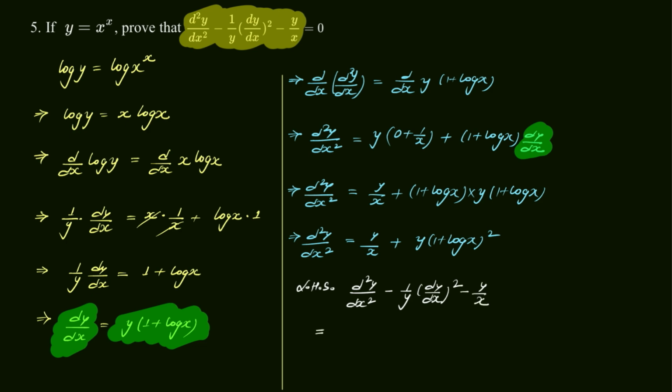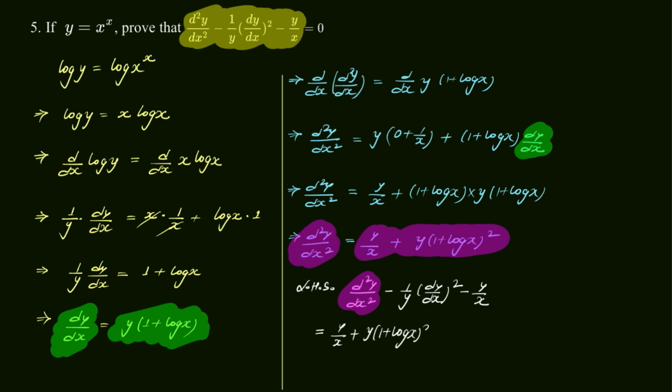Now we will put the values and we will prove that it is 0. Let us put the value of d²y/dx² from this particular equation, that is y/x plus y into (1 plus log x) whole squared. So it will be y/x plus y into (1 plus log x) whole squared.